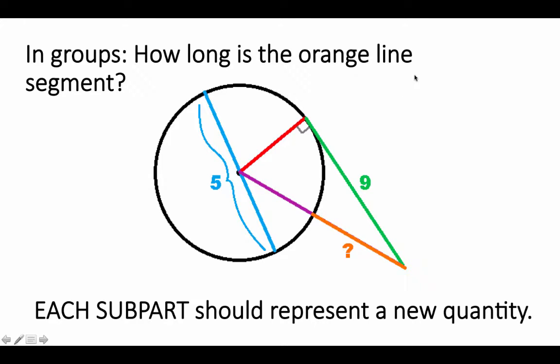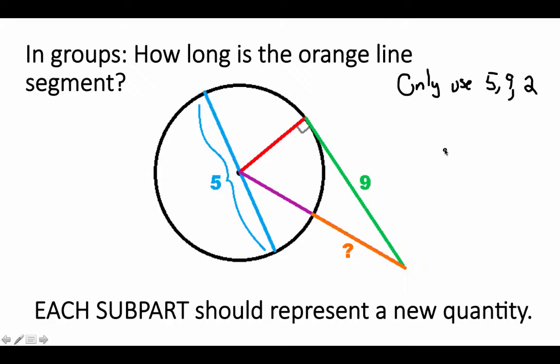You should only use 5, 9, and also there is diameter and radius in here, so you can also use the number 2. That's it. That's all you need to answer this. So pause if you need to, because I'm going to go over the answer now.